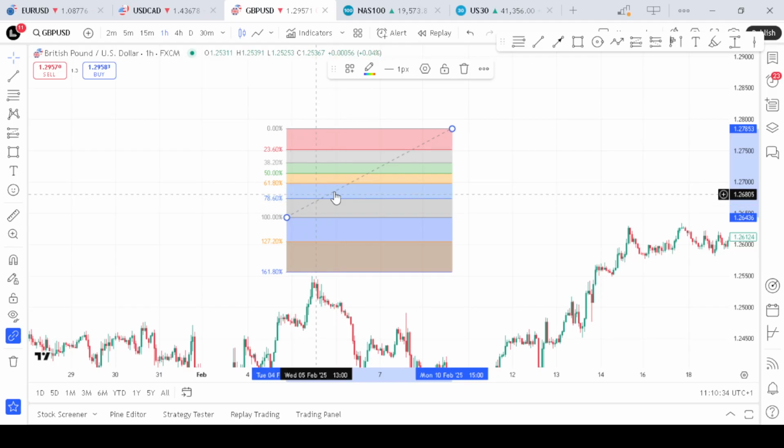These are the key levels that act as potential support or resistance areas, helping you to pinpoint optimal entries and exits for your trade.